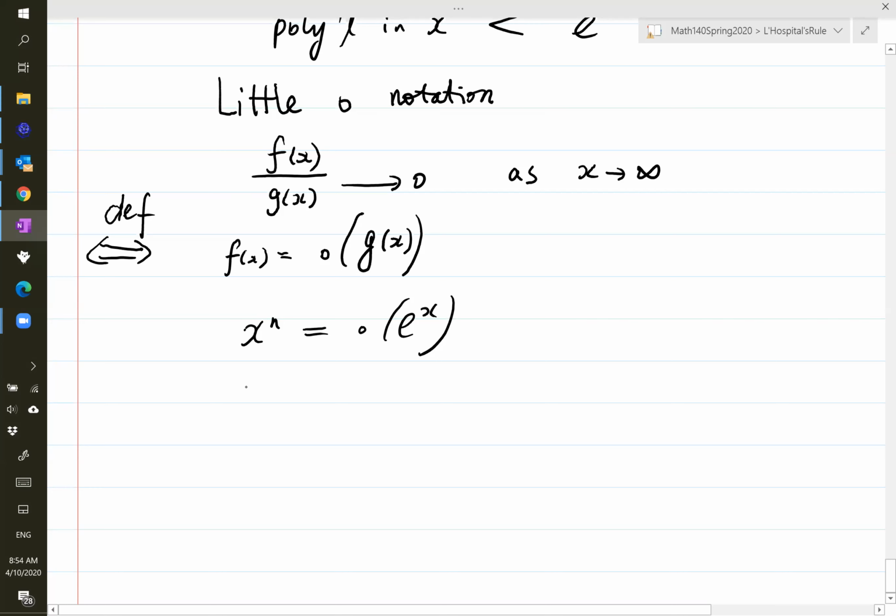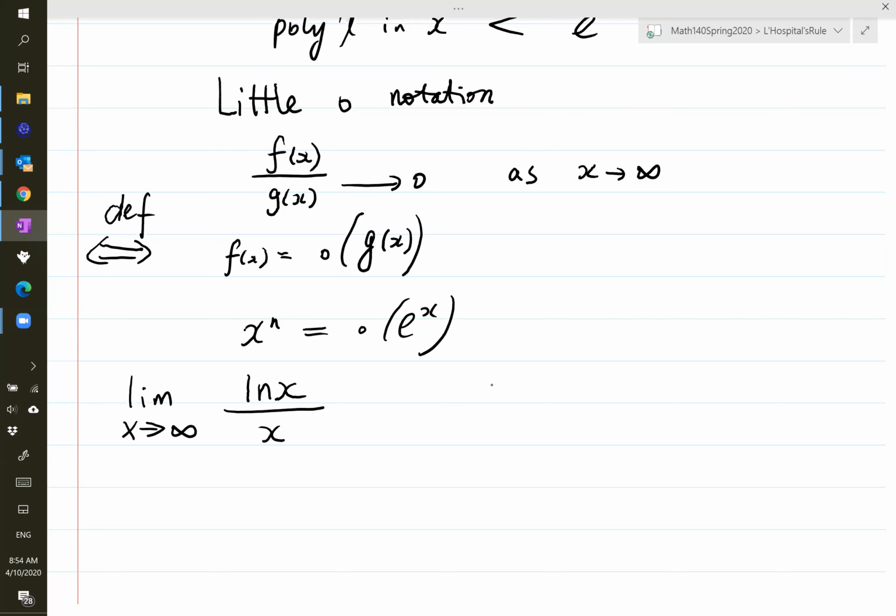Now let's compute this limit: log x over x as x approaches infinity. This is again infinity over infinity, as x approaches infinity, log x approaches infinity. So we can use L'Hopital's rule.